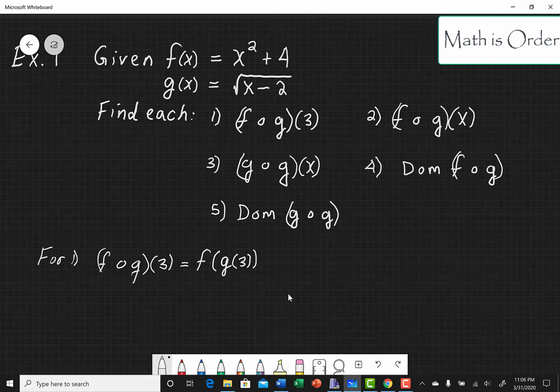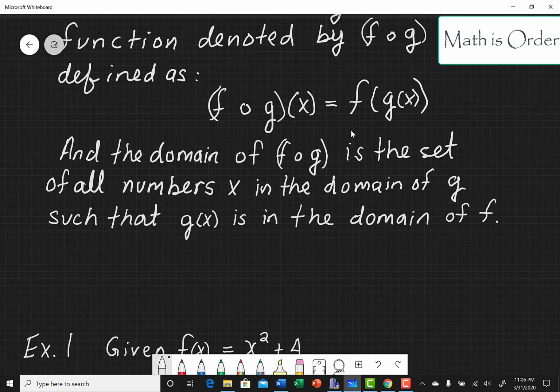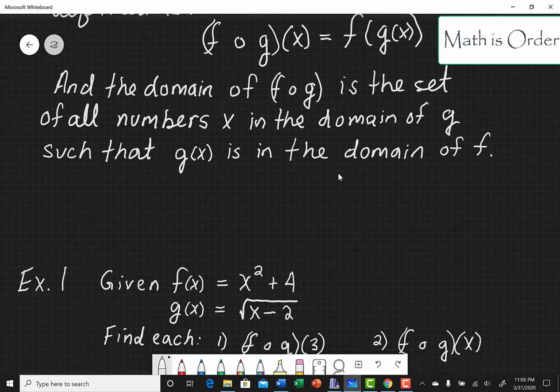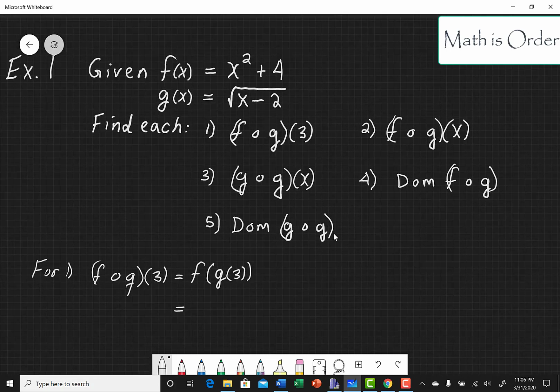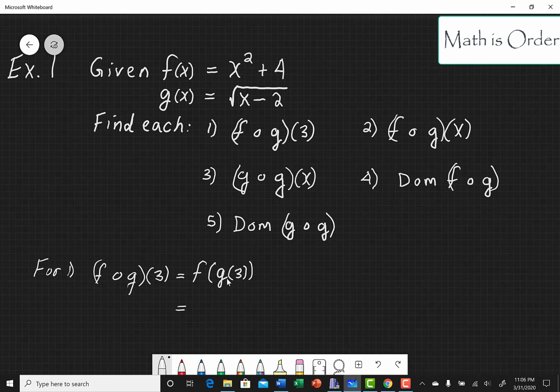All right, and next, after we've applied the definition, that was our very first step, to apply the definition. We're applying what they had right here. And then the next step is, we need to find what is g of 3. So off to the side somewhere, we could figure out what is g of 3.